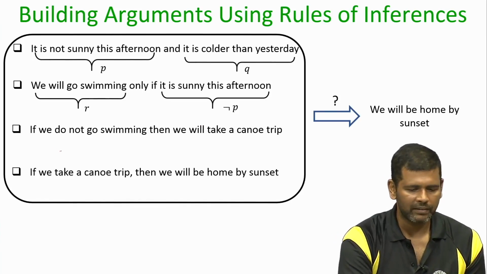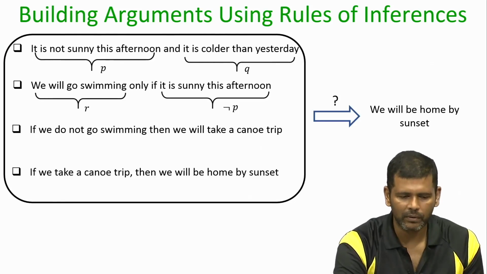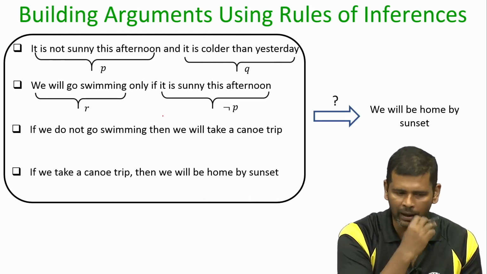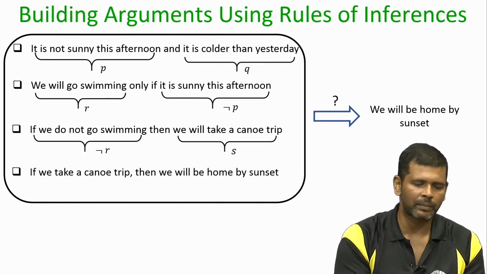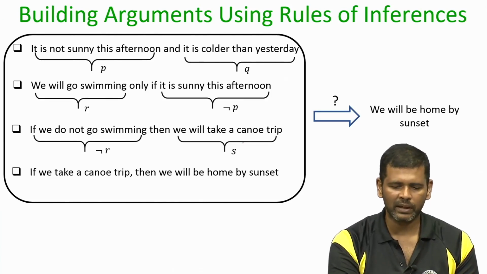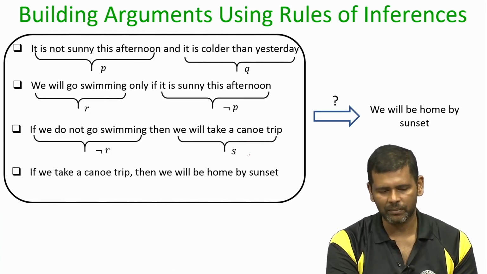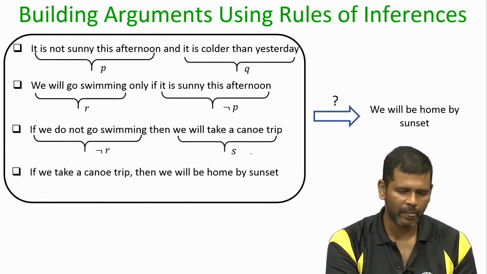Now, my third premise is if we do not go swimming, then we will take a canoe trip. I have already used the variable R to represent we will go swimming. So, negation R will represent we will not go swimming, and the statement we will take a canoe trip is coming for the first time. So, I introduce a variable S for that.